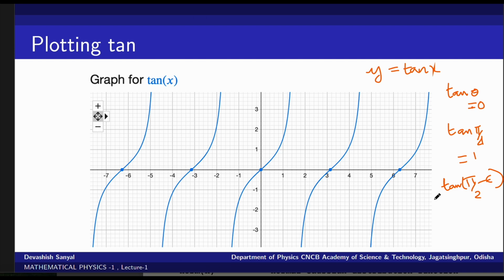okay, we will take the limit epsilon tending to 0. How much is it? It goes to infinity, right? So this is what is showing here.